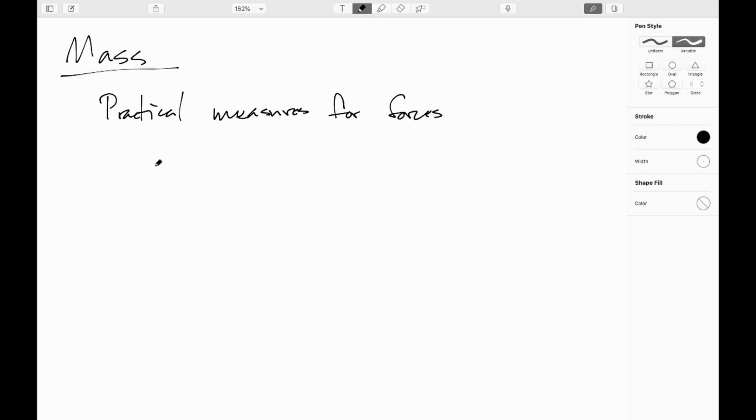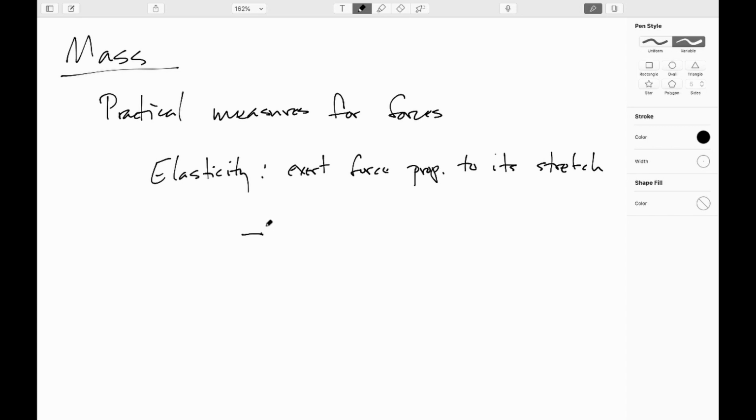A lot of objects have a property called elasticity, which says that they exert a force that's proportional to how much it's stretched. So you can even go and engineer springs very carefully so that they'll have some relaxed length.